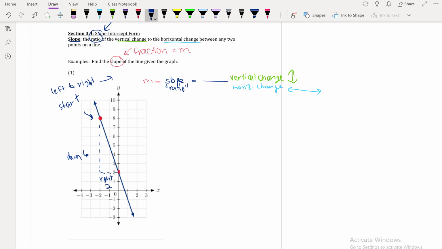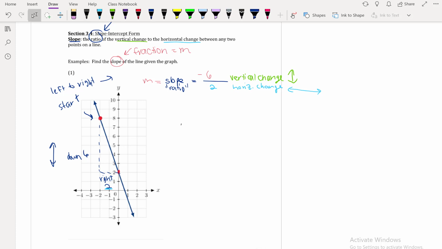Now, the vertical change is going straight up and down, right? Well, you happen to go down. Since it's down, you know it's going to be a negative, and that's a -6. And you went to the right 2.